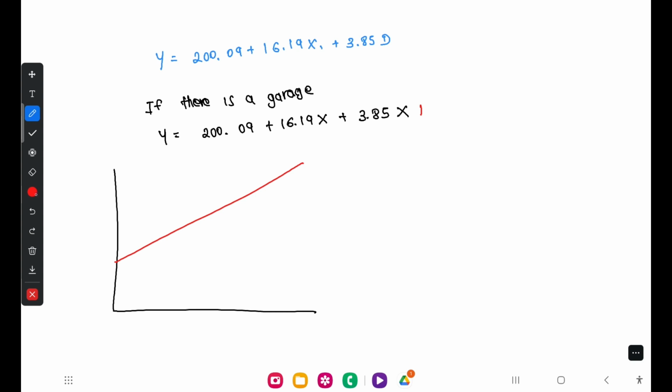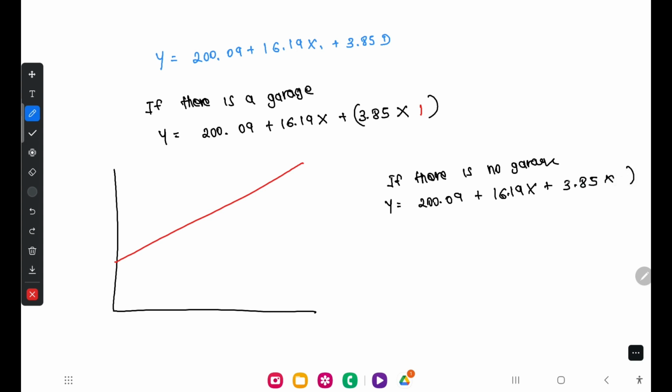If the house doesn't have a garage, no garage, then y equals 200.09 plus 16.19x plus 3.85 into, what do I put here? I put 0.